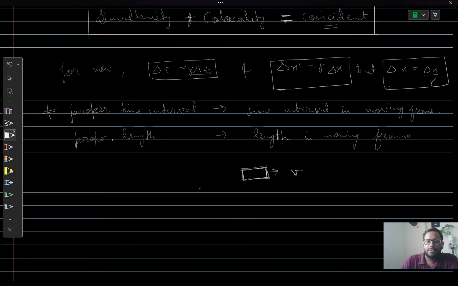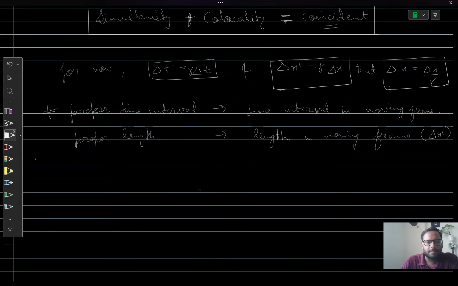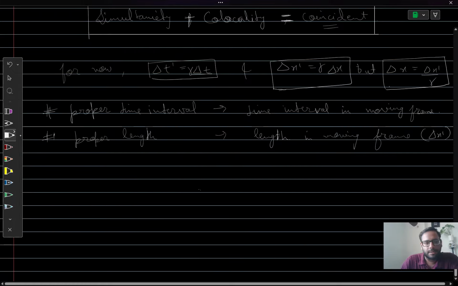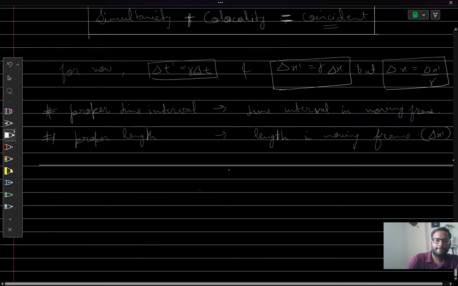When you see it from any laboratory frame, you will see some distortion in its length, that is length contraction, and that is how I define delta x prime as the proper length. I will come to it again, but for now I'm just defining it.